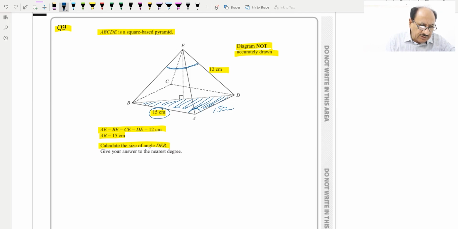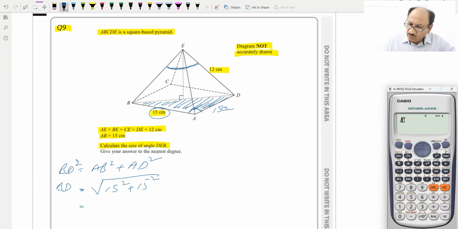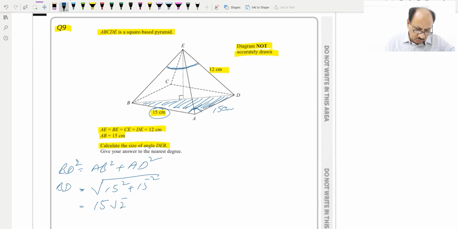How will we find BD? BD square will be equal to AB square plus AD square. So BD will be equal to square root of 15 square plus 15 square, which is 15 under root 2. This is our BD.